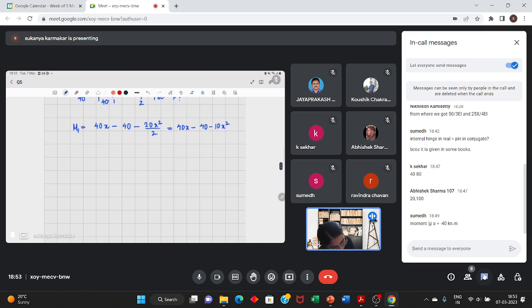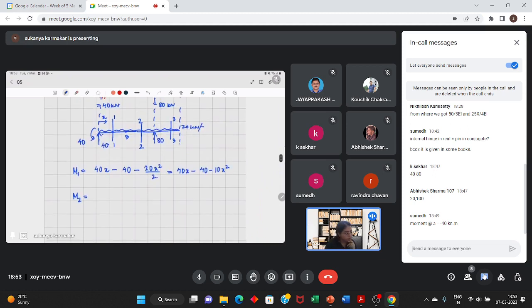Now write the equation M2. For M2, what will it be? You can write the equation of M2, or let's write the equation of M3. It's easier at this stage.